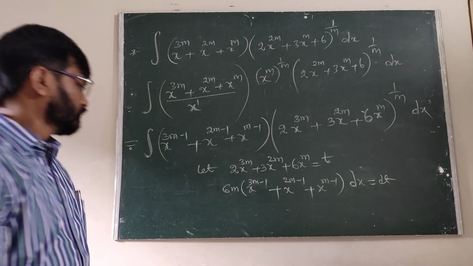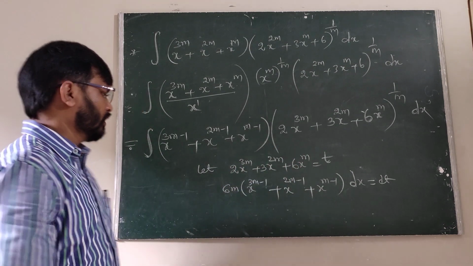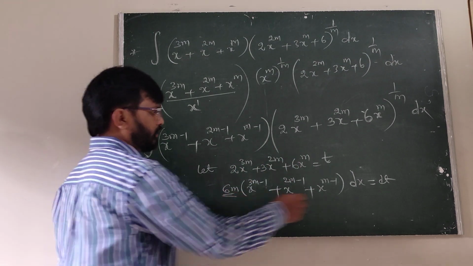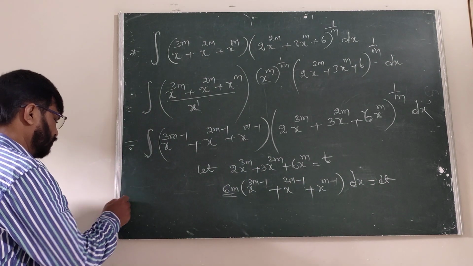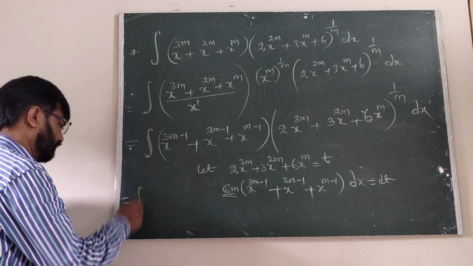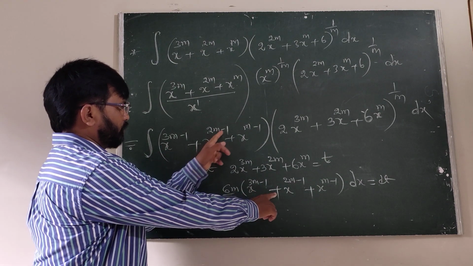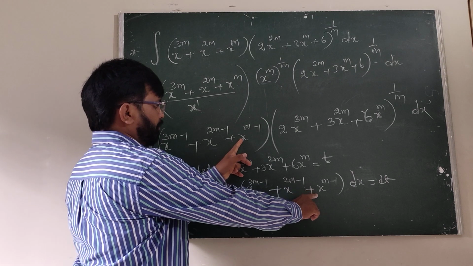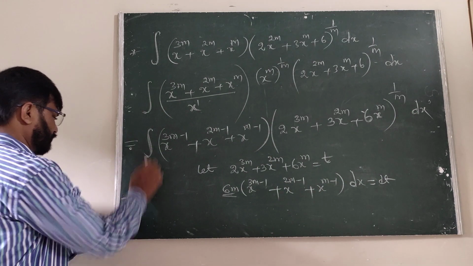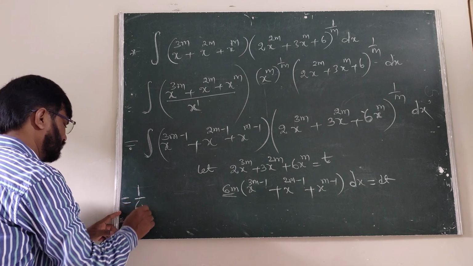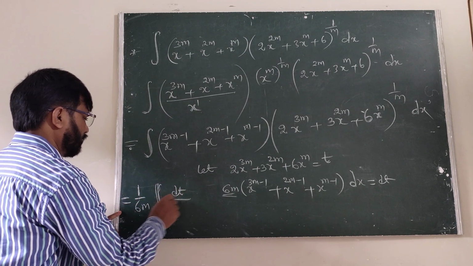So here 2 3 is 6, this is 6m. Now this 6m is sending to the other side, then it is 1 by 6m into dt. Therefore, finally we can write the integral of (x^(3m-1) + x^(2m-1) + x^(m-1)) dx is 1 by 6m dt.